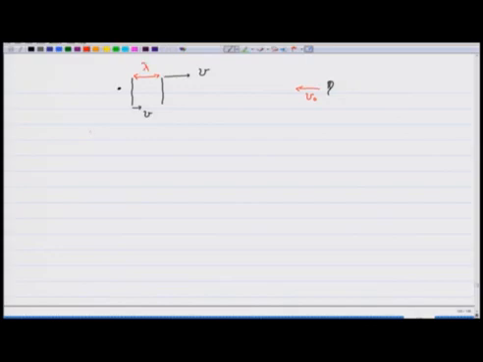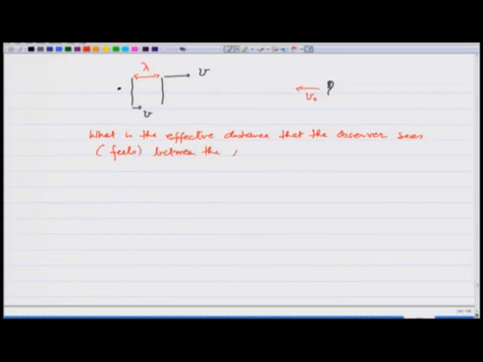So, the question we are asking is, what is the effective distance that the observer sees or feels between the two maxima. And I need one more thing for this, is that these two are emitted at time interval t.